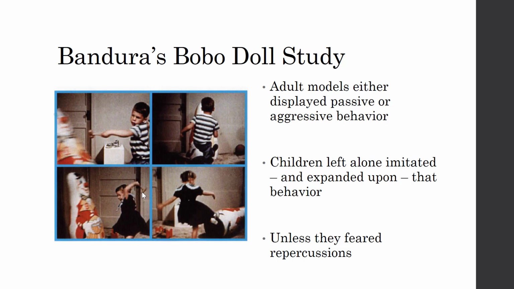They thought it would be fun to be aggressive, but they didn't act on it when given the opportunity, right? Because of the punishment given the model. So the kids acquired the behavioral pattern but didn't perform it, right? Because of the social learning that took place. So this expands on Skinner's theory by showing it doesn't have to be our own experiences with rewards or punishments that influence our behavior.